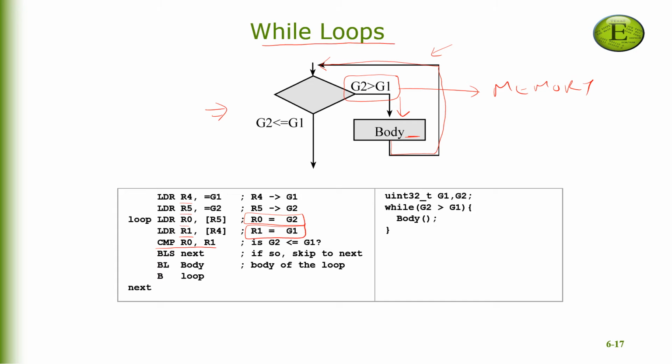As long as the condition of the while loop remains true, that is, as long as G2 remains greater than G1, we keep on executing the body and return to check the condition again.